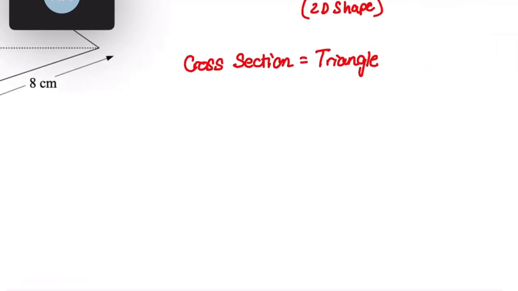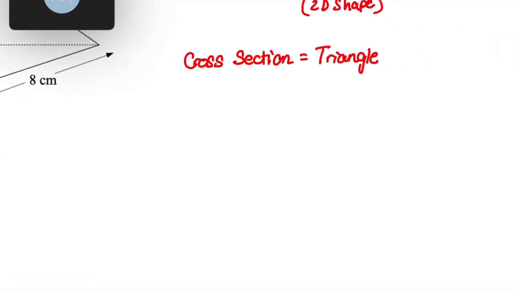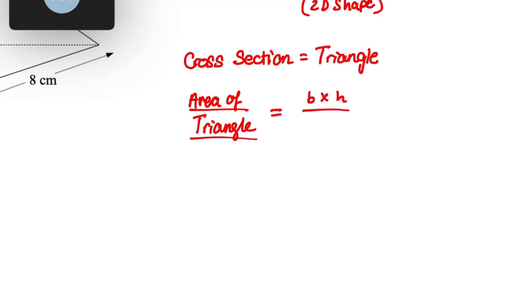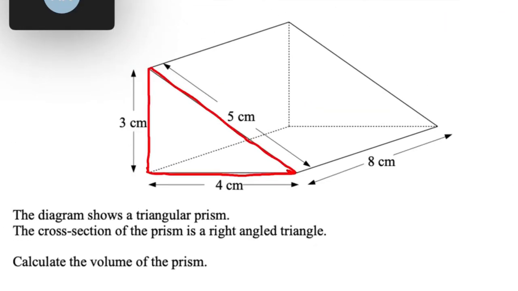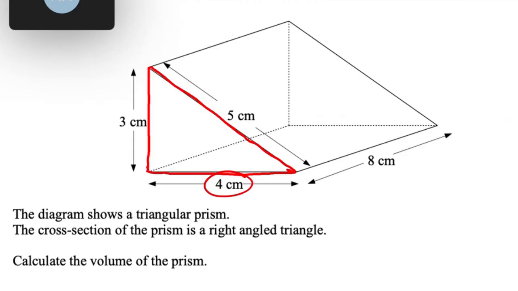How do you work out the area of a triangle? The area of a triangle is base times height divided by 2. Over here, we can see that the base is the flat line at the bottom, which is 4 centimeters.